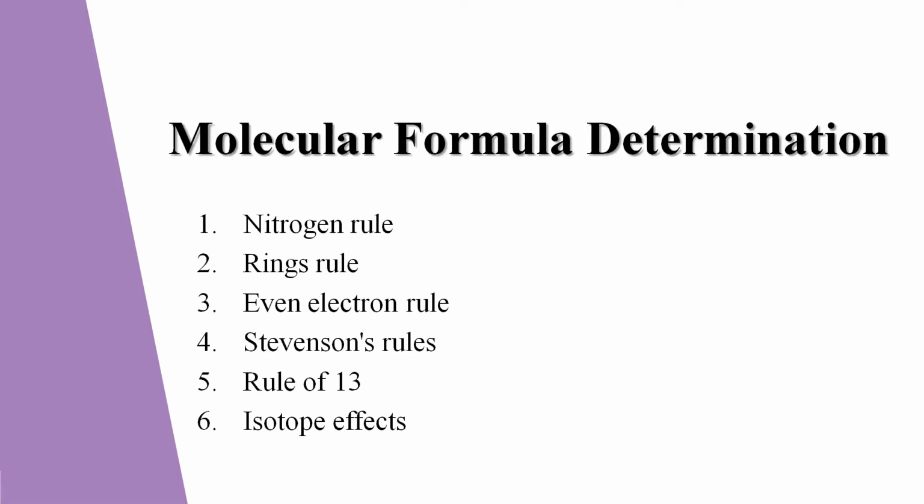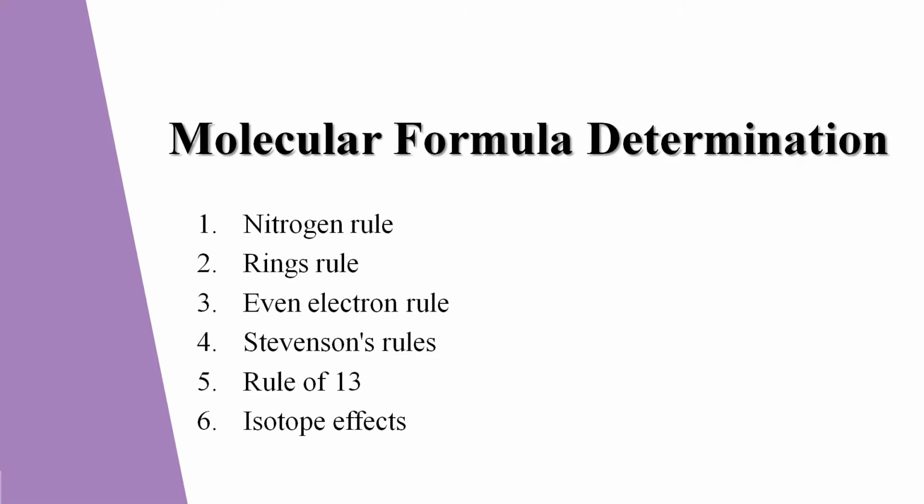The rules are: the nitrogen rule, Ring's rule, the even electron rule, Stevenson's rule, the rule of 13, and isotope effects. First is the nitrogen rule. The nitrogen rule states that organic molecules that contain hydrogen, carbon, nitrogen, oxygen, silicon, phosphorus, sulfur, and halogens have an odd nominal mass if they have an odd number of nitrogen atoms, or an even mass if an even number of nitrogen atoms are present.